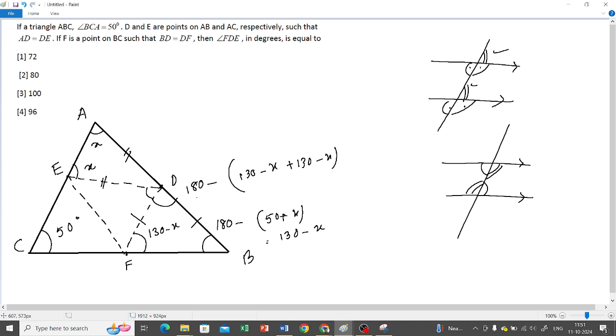So that is going to be 180 minus 260 minus 2x. That is going to be minus 80 plus 2x, right? What is going to be this angle? 180 minus 2x, right? Therefore, what is angle FDE?